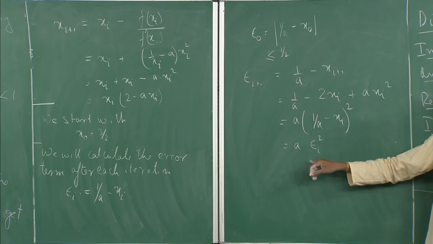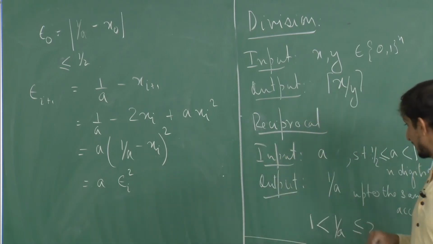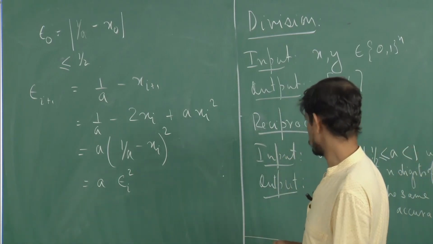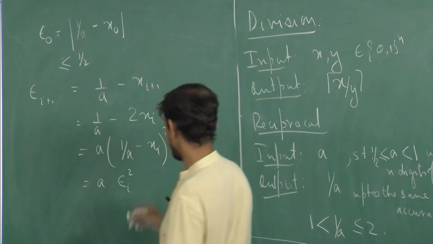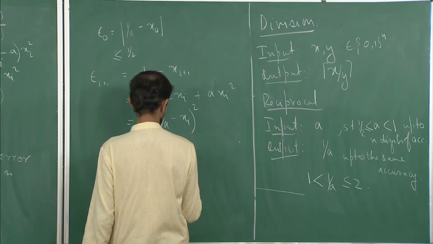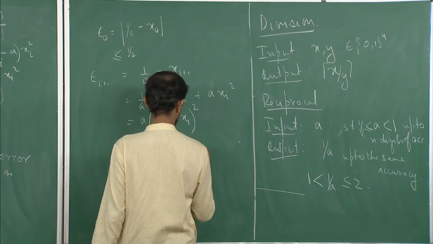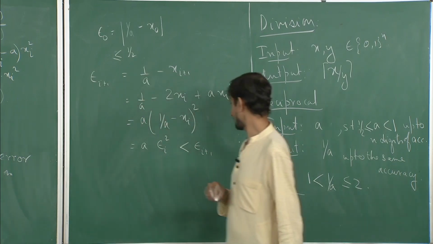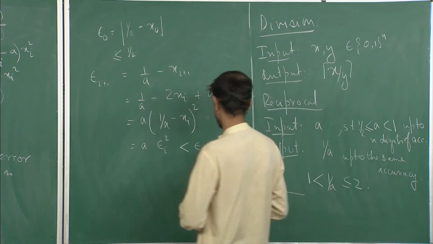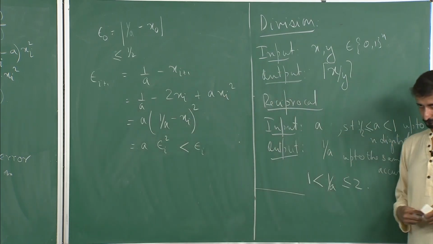So essentially, what do we know about a? We know that a is less than 1. So therefore this quantity is less than epsilon i.